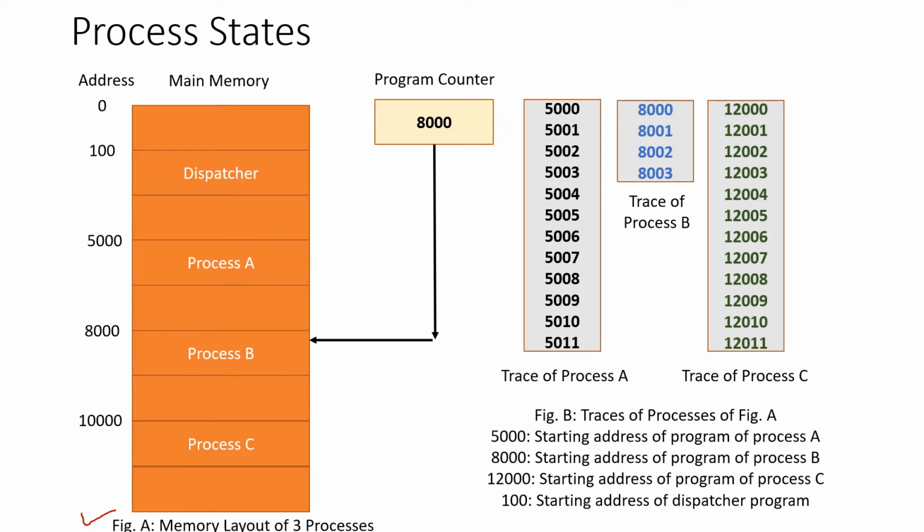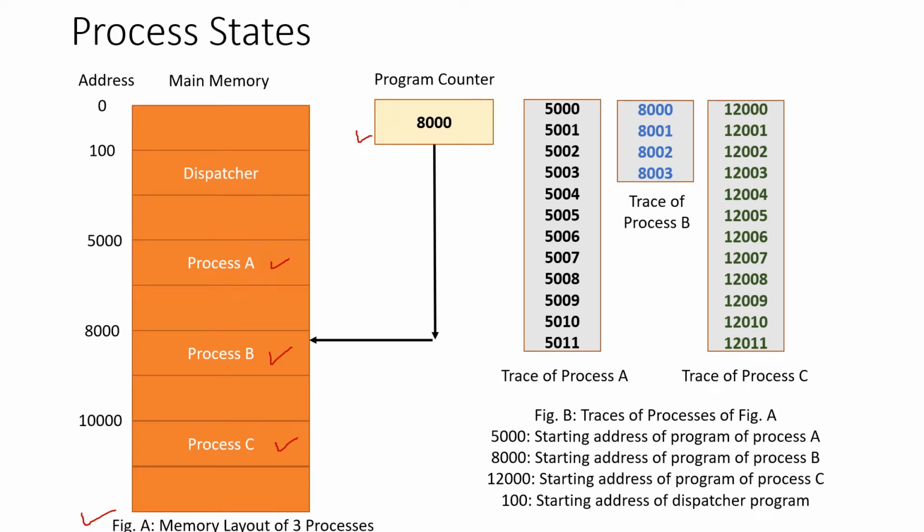This is a memory layout for three processes, process A, B and C. And this is the program counter. The program counter gives you the address of the next instruction which the processor wants to execute.